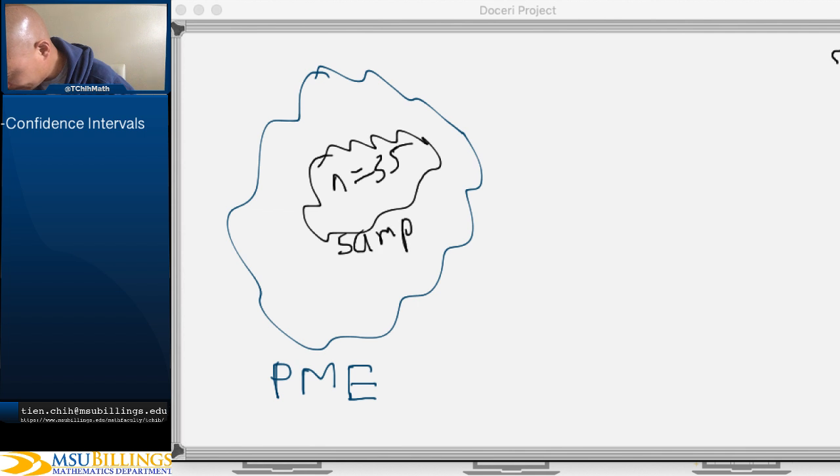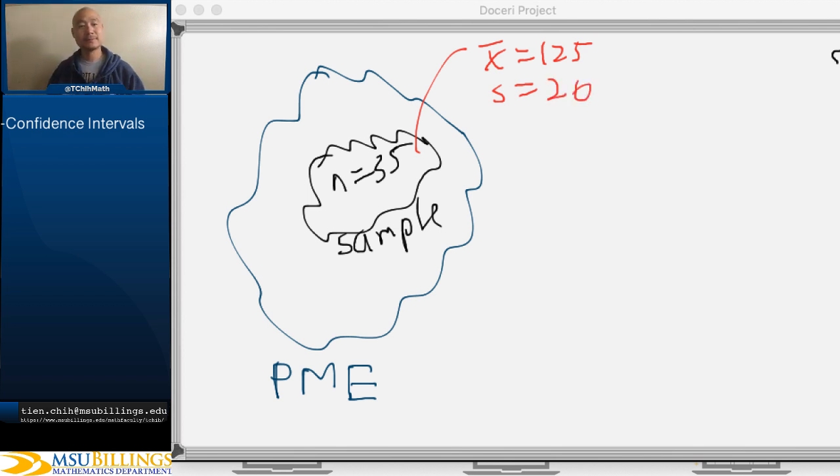The sample has mean 125, S 20. And there is also, of course, the purple microelephants population, which does have an average weight. And what is that average weight? We don't know what that average weight is. And it's also distributed with some standard deviation. And we have no idea what that is either.